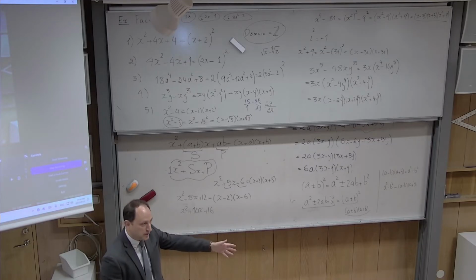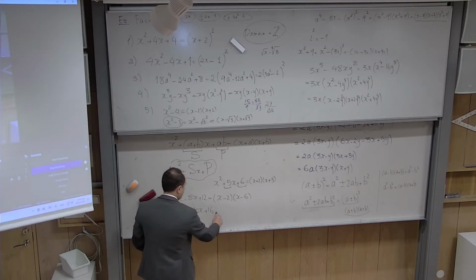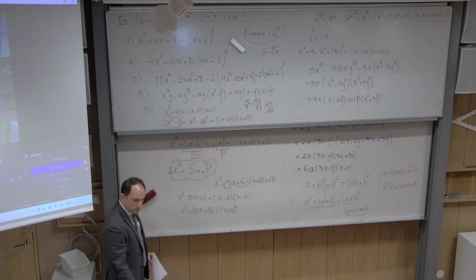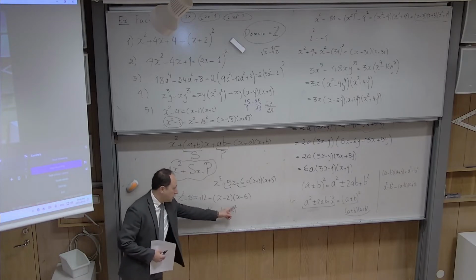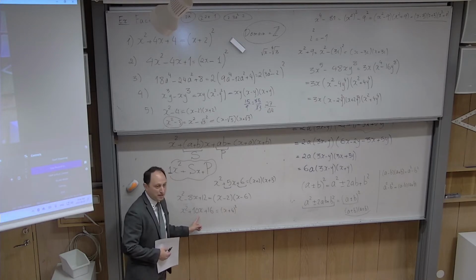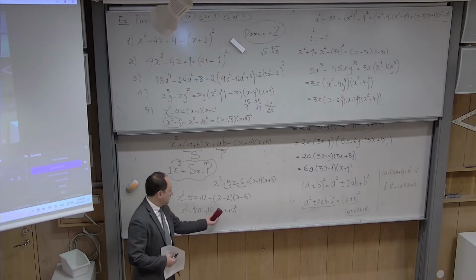But if you just naively write the answer, that's not correct, because you might jump to the conclusion that it is this one. 2 times the first one times the second one is supposed to be 8x, but this is 10x. So it doesn't work in that way.